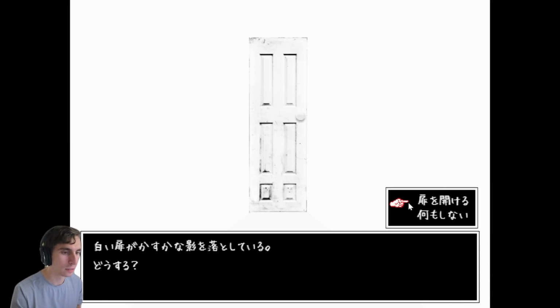Okay, so we have tobira o akeru. Akeru is to open. And then we have door again with object marking particle, so we can open the door. Or nanimo shinai. So nanimo is nothing. Shinai is do not, the negative form of suru.